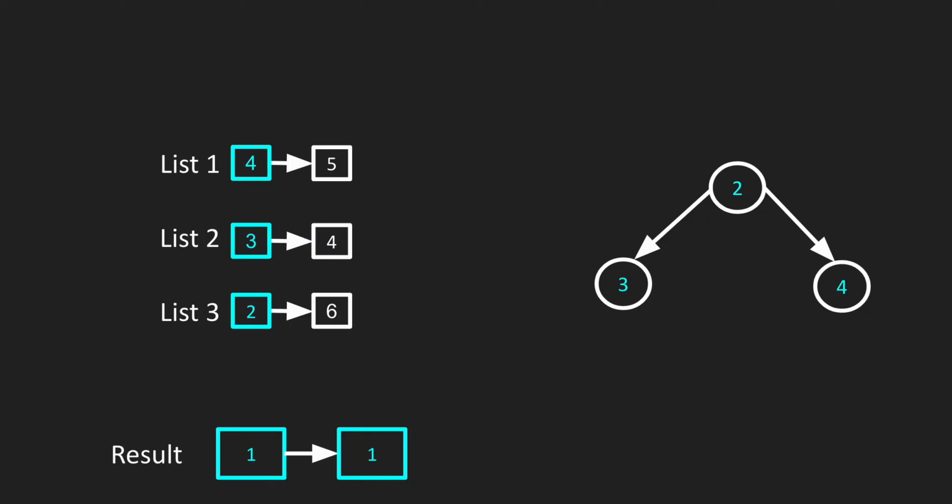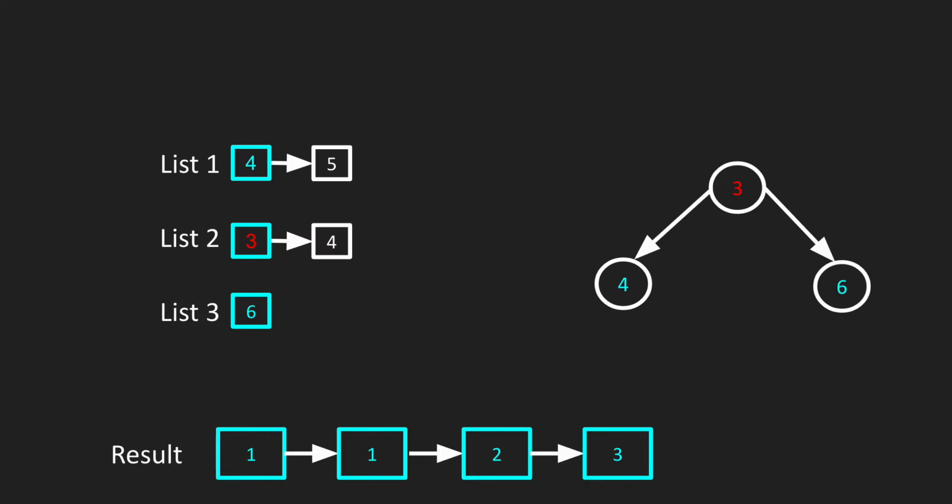Now again, we are taking 2 from our minimum heap and adding 6 to our minimum heap. Again, we are doing the same with the 3, adding that to our result, and so on and so forth.